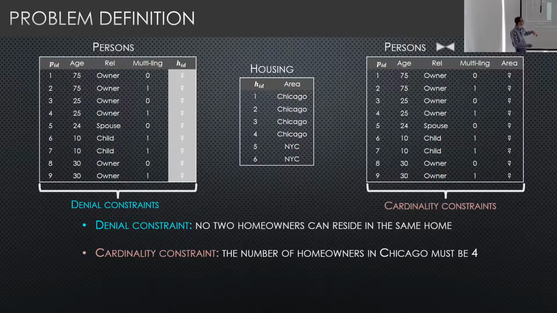So you can allow them to generate the joint view, but going back to the original table is the issue, because you don't necessarily know how to go back. It's not necessarily one-to-one.